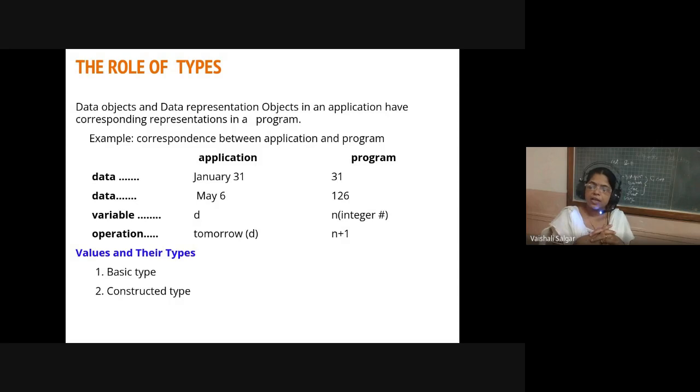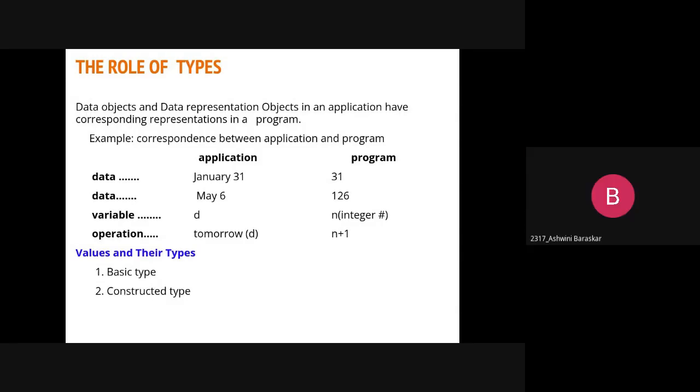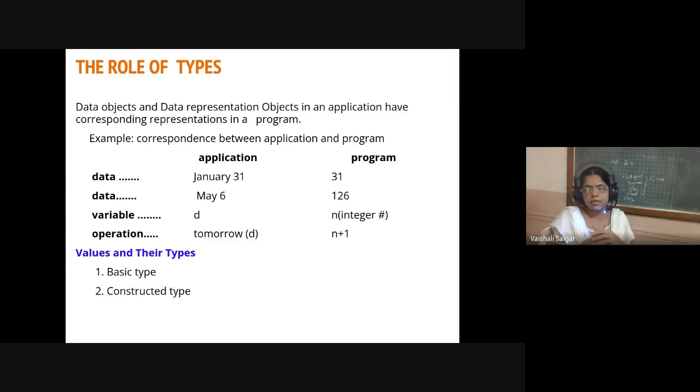In the same way, can you give me another example of a constructed type in C programming? Functions? No, functions I will not say are a data type. They come under procedures, where you have a set of instructions which you want to use again and again, so they support reusability.